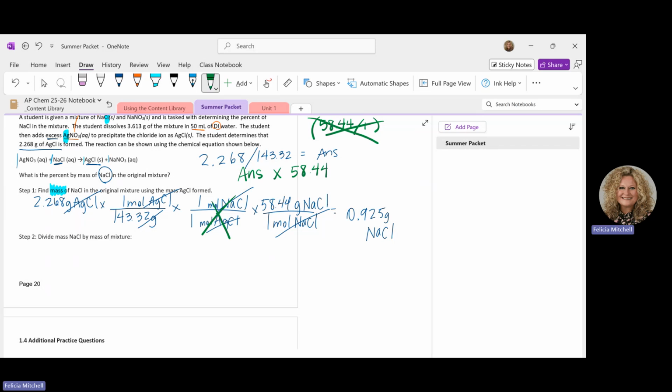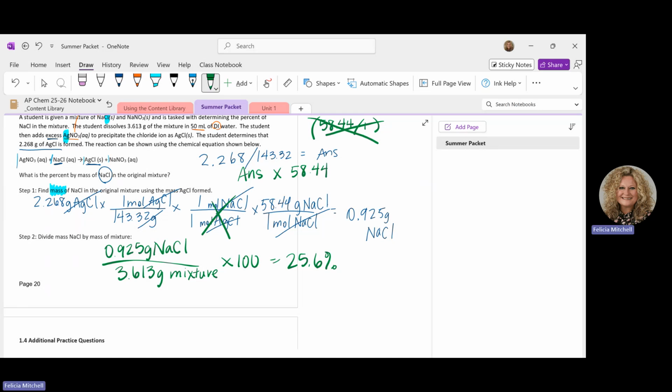Now that tells me the grams of NaCl, but I want to know the percent. So I'm going to say that over the total 3.613 grams of the mixture times 100 equals 25.6%.